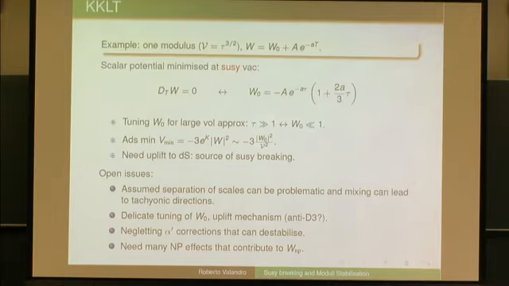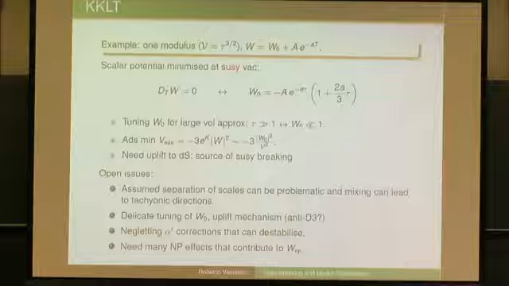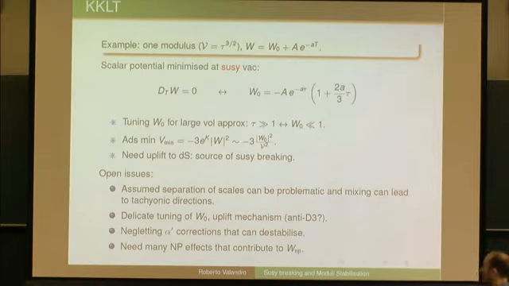Okay, so some remarks about KKLT, and here I said open issues. That's in my taste. This is why I don't like KKLT so much as of today, basically. So first of all, we have assumed a separation of scales at the beginning, when we said assume that the complex structure and dilaton are stabilized at large value.